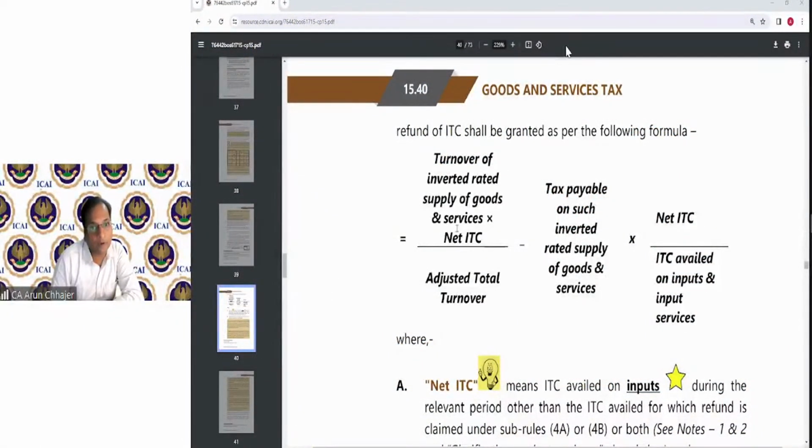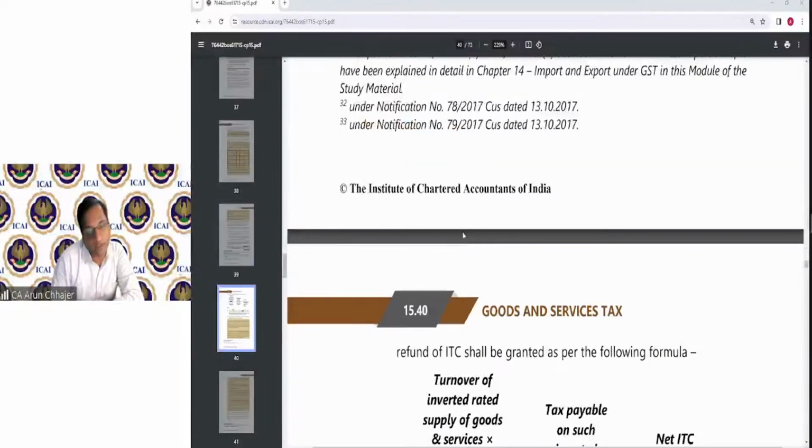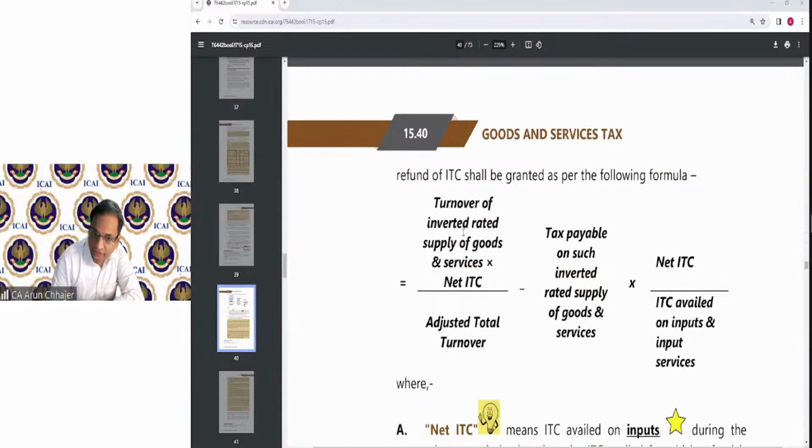We were talking about refund of inverted duty structures. We have discussed that in case of the inverted duty structure, the refund admissible is only input, not input service, not capital goods.